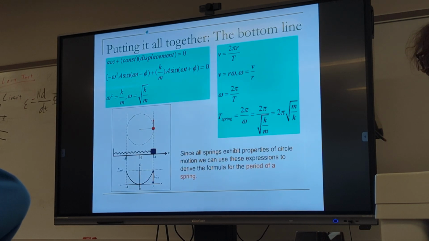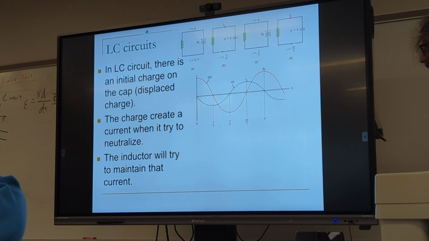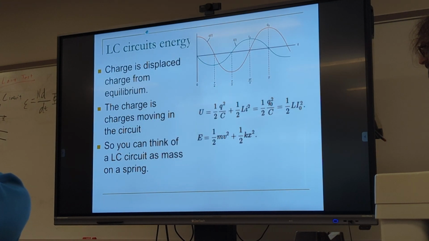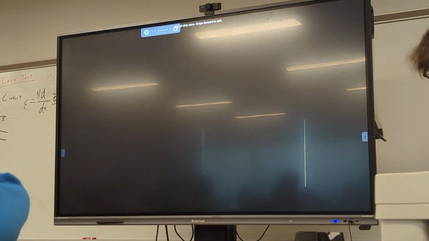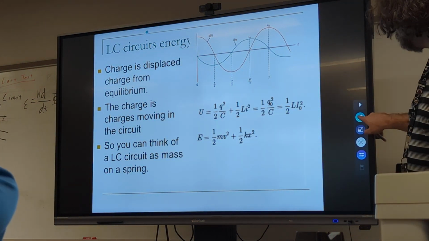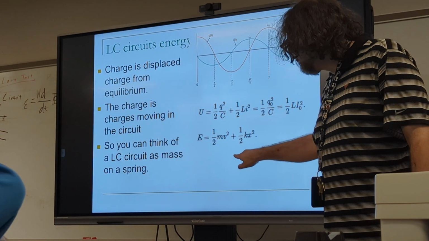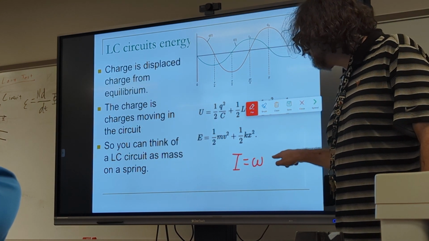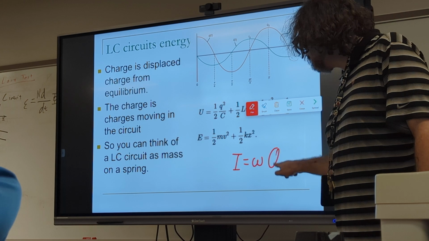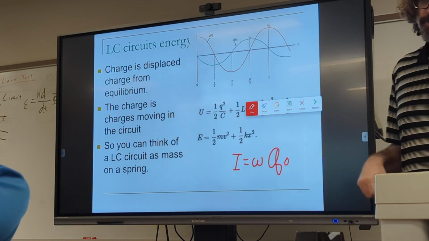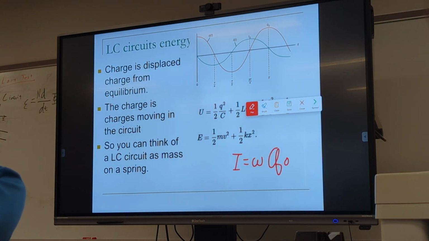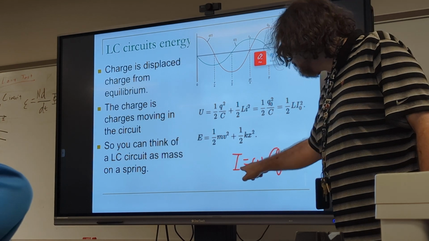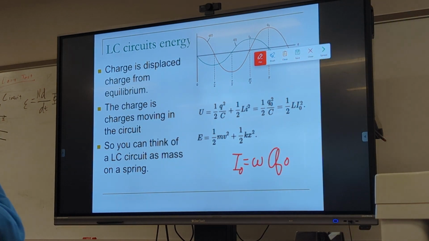Oh, okay. And down here at the very end, what is the current equal to according to this equation? Current equals omega times the amplitude of your charge. This is going to be the max current.